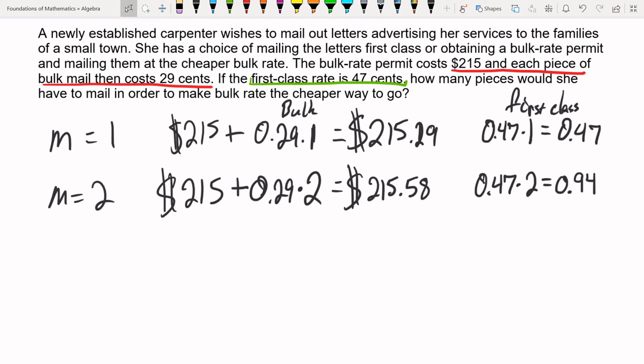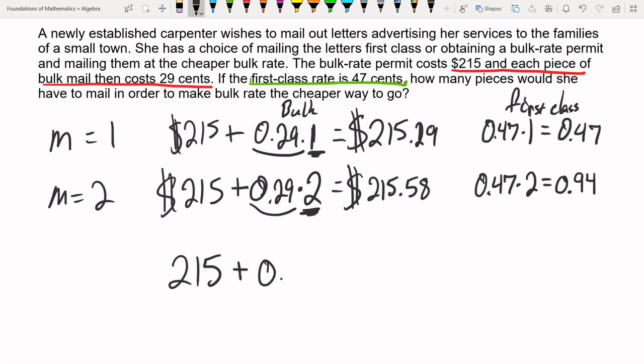Well, let's actually create an algebraic expression for each of these things. For the bulk rate, you can actually already see it here. 215 is the standard cost, and that's going to be added on to the mail cost, which is always going to be 29 cents times how much mail you send out. And how much mail you send out is exactly our variable m.